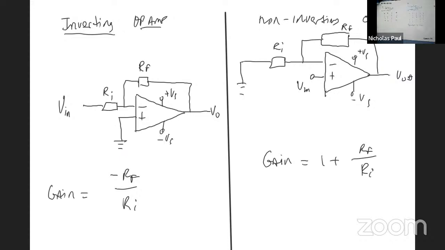RF means feedback resistor. RI means input resistor. You don't have to call it RF, you can call it R1 and R2 if you want.